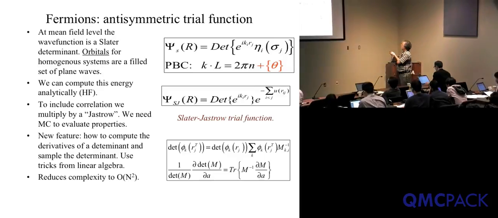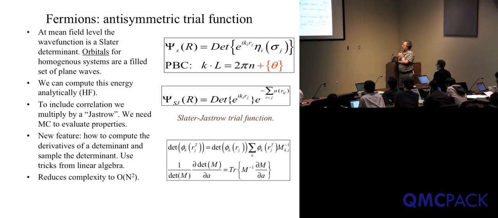Now, I guess we talk about finite size effects later on. But with wave functions, when you're doing a simulation, you have periodic boundary conditions. With quantum mechanics, there's a new feature in periodic boundary conditions. If an electron goes out of the periodic box and comes back, it can pick up a phase. That's called the twist angle.